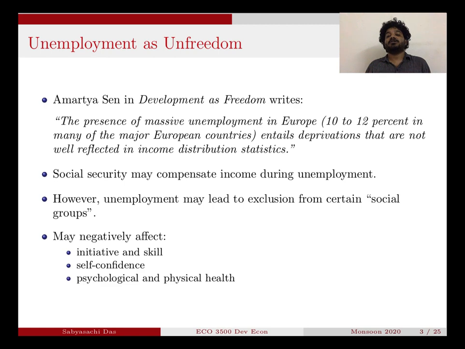Because European countries have very good social security measures that give very generous unemployment insurance to those who are unemployed. So if you just look at income, you may say that the unemployed people are not really doing as badly relative to the employed as maybe in some other countries. So if you look at pure income distribution, you may miss the fact that 10 to 12% of the working age population in Europe is unemployed, especially at the time when Amartya Sen is writing about these things, in the late 1990s and early 2000s.